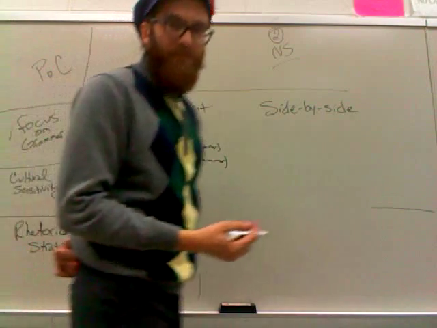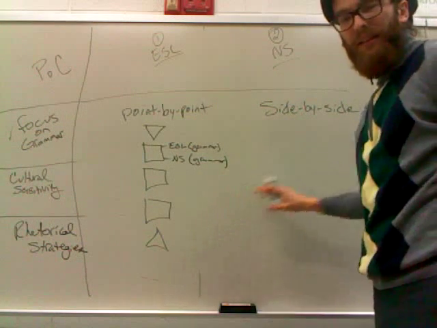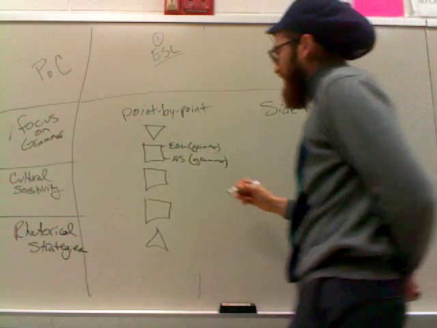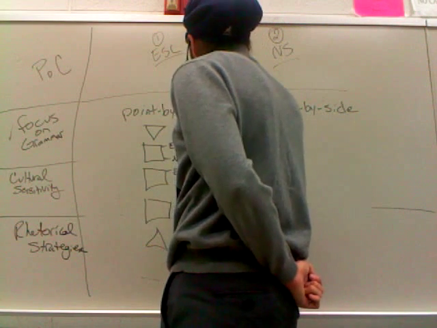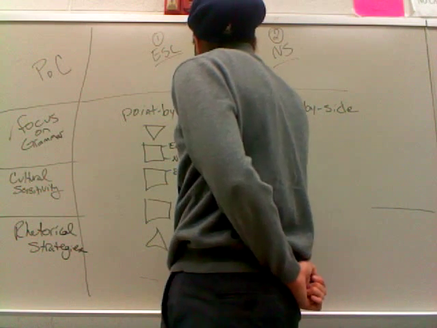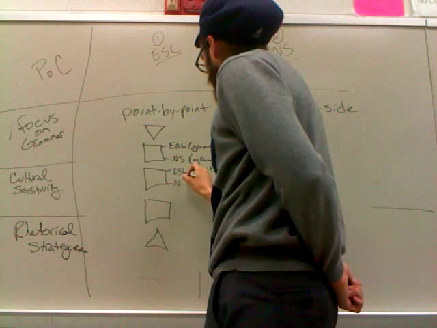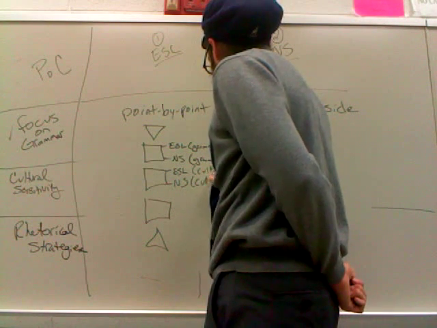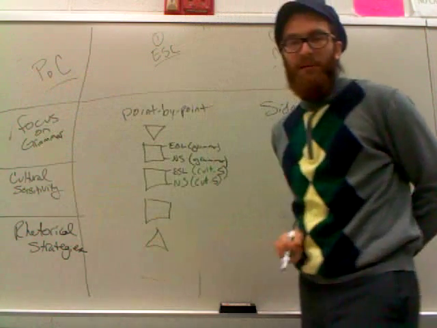Alright? First paragraph is complete. And remember, you have all the details already. So you're just going to insert the details into your paragraph. Alright? Then for cultural sensitivity, ESL students, cultural sensitivity, and native speaking students. Same topic. And I should say same point of comparison.